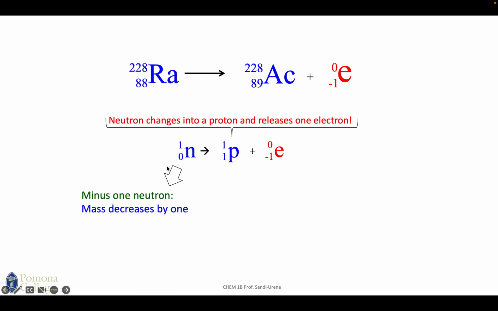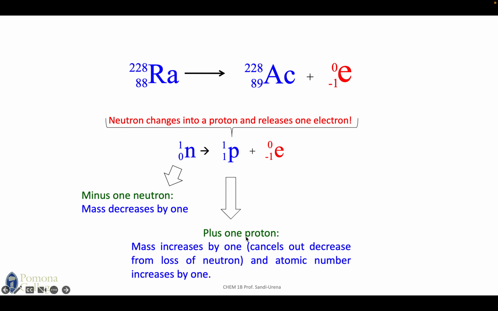So by the reaction of this 1 neutron, the atomic mass would decrease by 1 unit, but we're forming 1 proton, so the atomic mass would increase by a unit, and they sort of cancel out. And then we have the electron that has no mass, so it has no effect on Z or A.